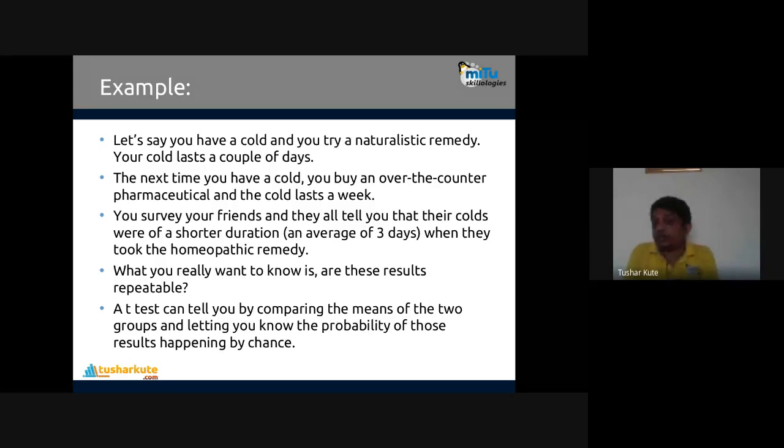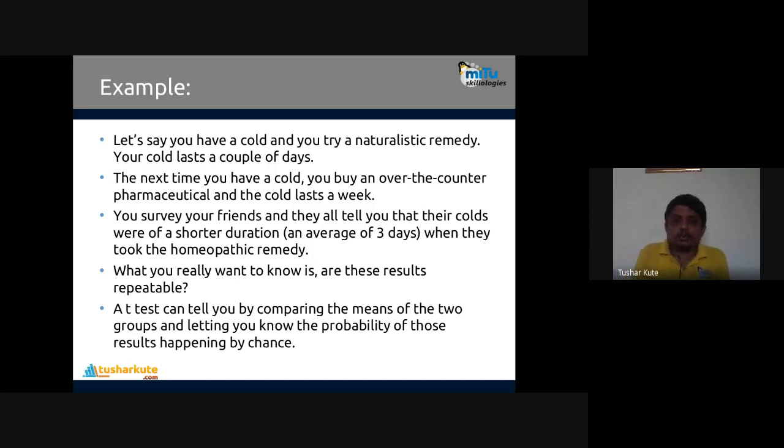With the natural Ayurvedic remedy, your cold finished in 2 days, and with the over-the-counter medicine, it was over after 1 week.